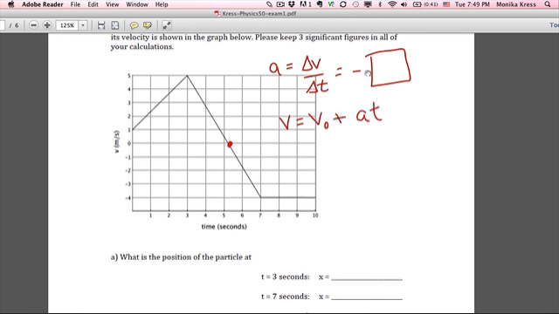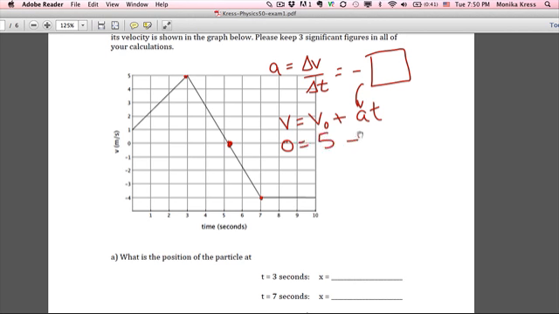The acceleration that you get here, this negative number, gets plugged in here. The initial velocity is 5 meters per second. The final velocity is the one that you're interested in here. This is the velocity when it's at rest, which is 0. So it starts off at 5.